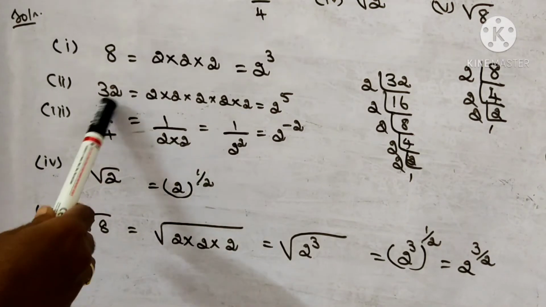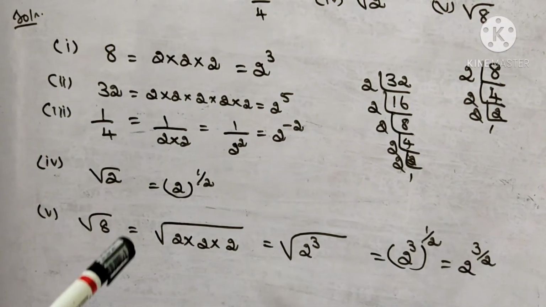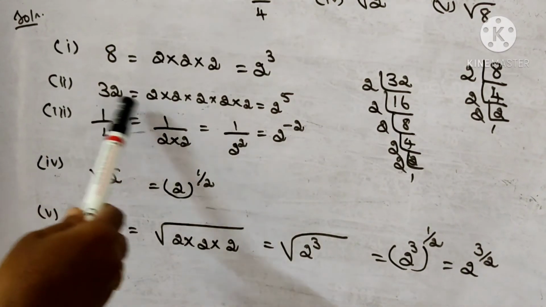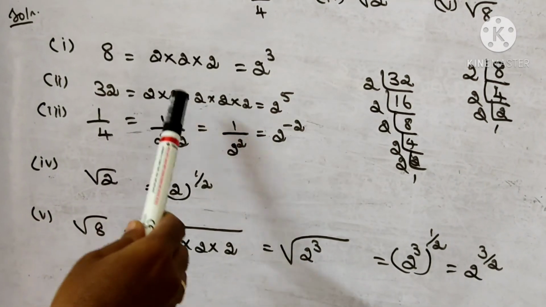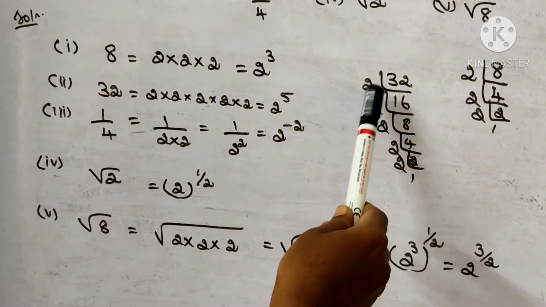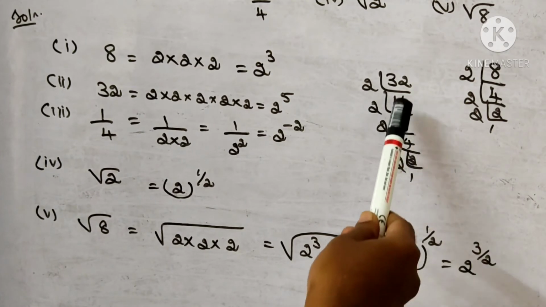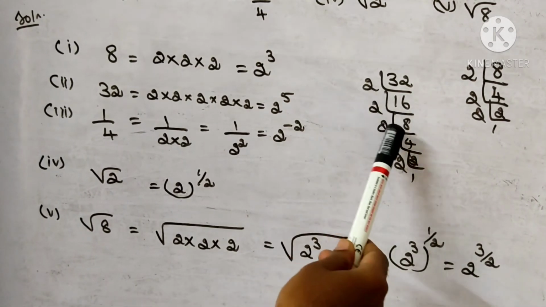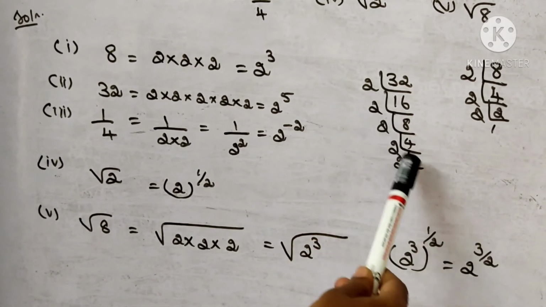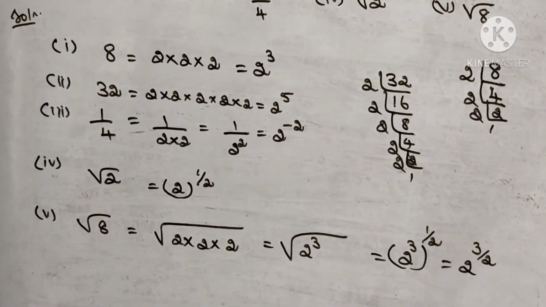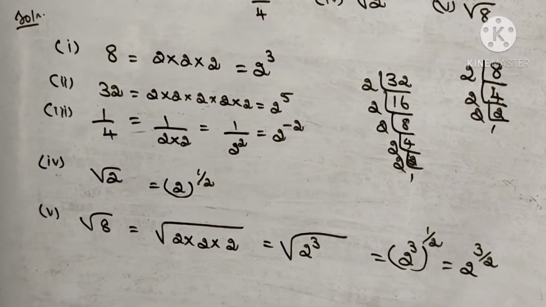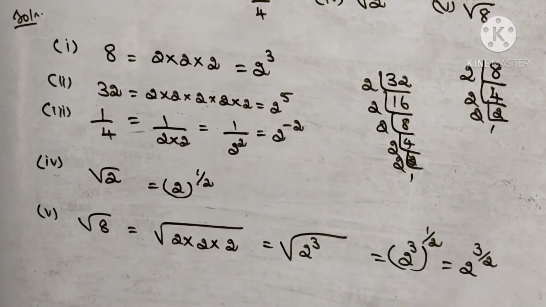And 32 also we write in the form 2 power n. Find the LCM of 32: 16 2s are 32, 8 2s are 16, 4 2s are 8, 2 2s are 4, 1 2 is 2. So 5 times we get 2, and the power form is 2 power 5.